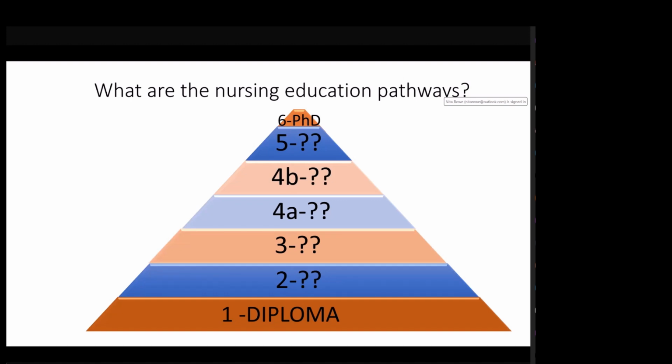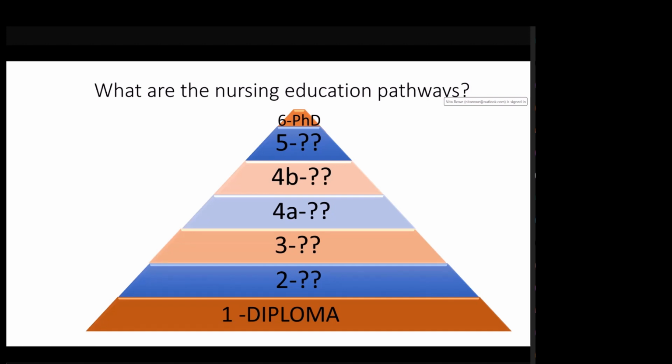What is 4B? MSN with APRN. Yes. And what is 5? DNP. And 6 is PhD. Okay, so these are the educational pathways.